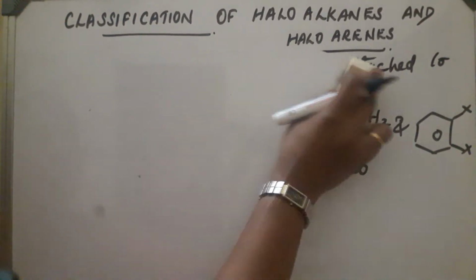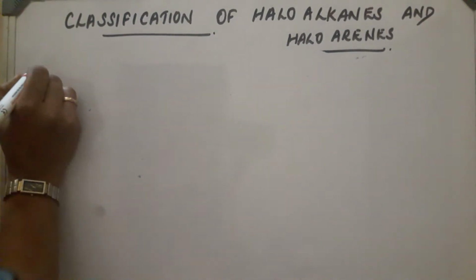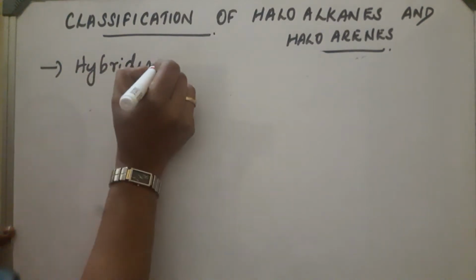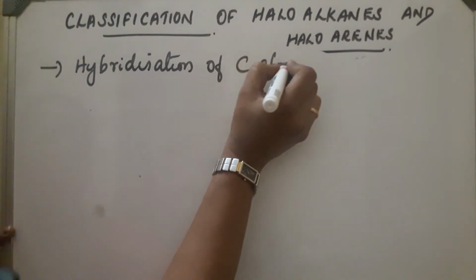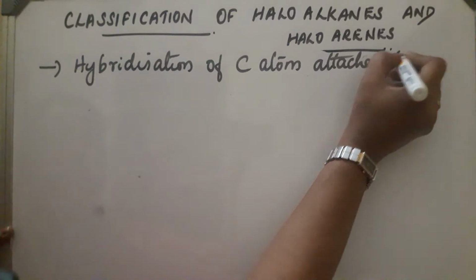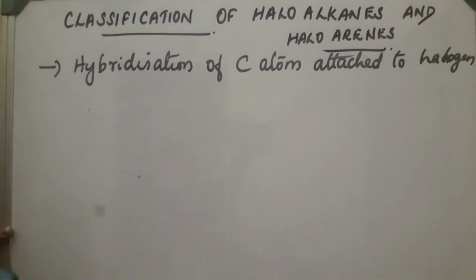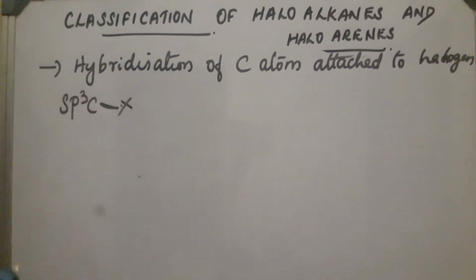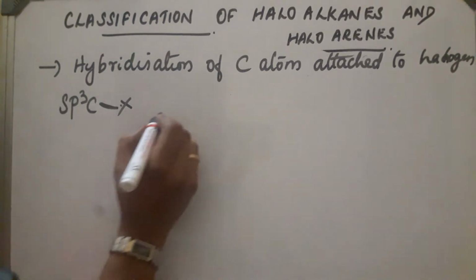First, the sp3 C-X bond: in this category, the carbon atom attached to the halogen atom is sp3 hybridized.